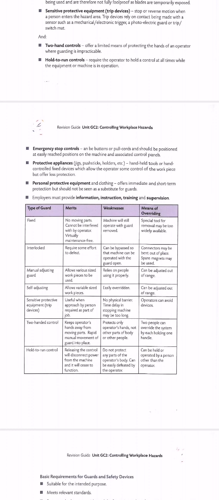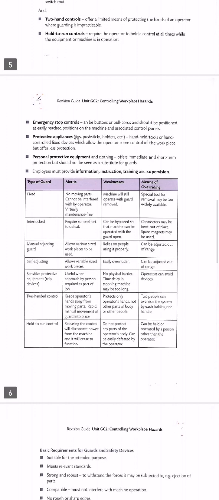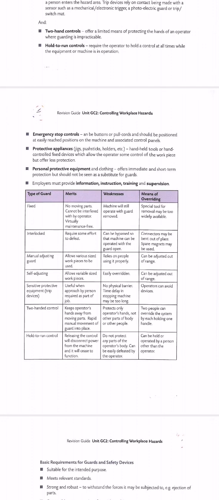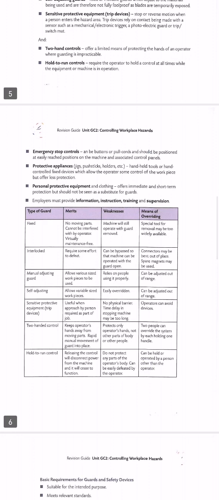Then I'm going to talk about the types of guard and the merits, the weaknesses and the means of overriding, right? So what are the types of guard here? Types of guard like fixed, when you want to fix items. No moving parts can also be the merits.